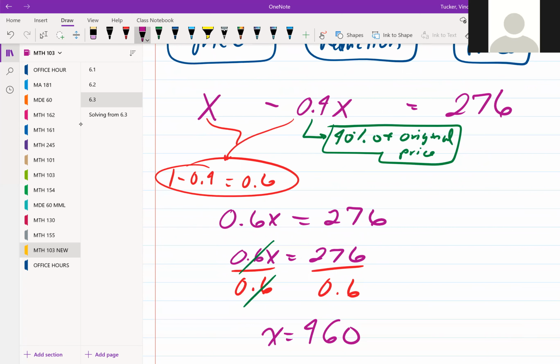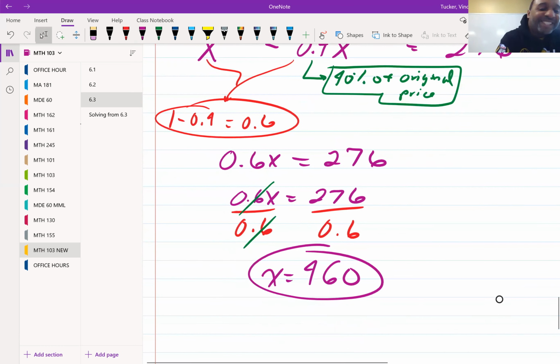Is that a 9? Oh, okay. So it's 460. Yeah, because it's 36 and 6. I don't know what I was thinking. I'll put the 9. I think 4 times 9. Yep, I see what I was doing. So 460, and that's our original price.